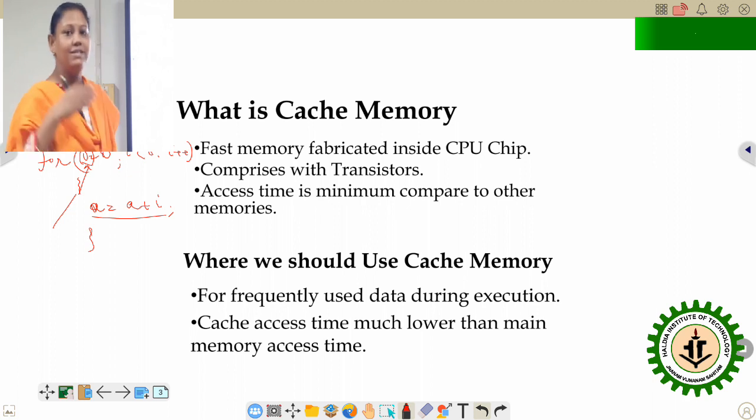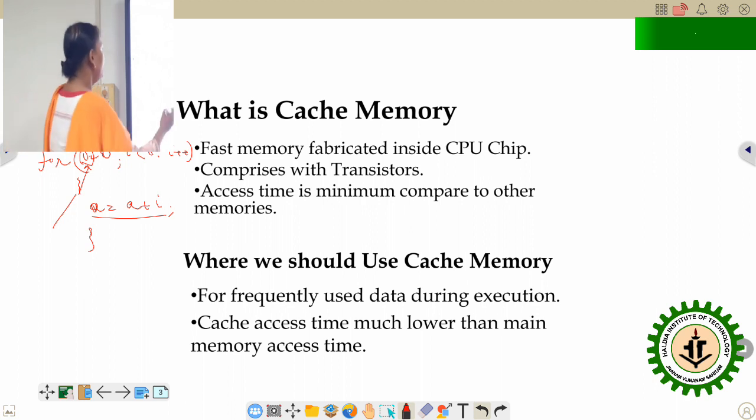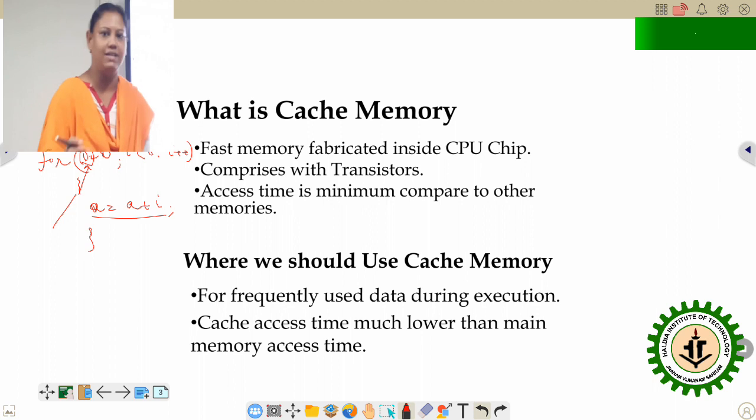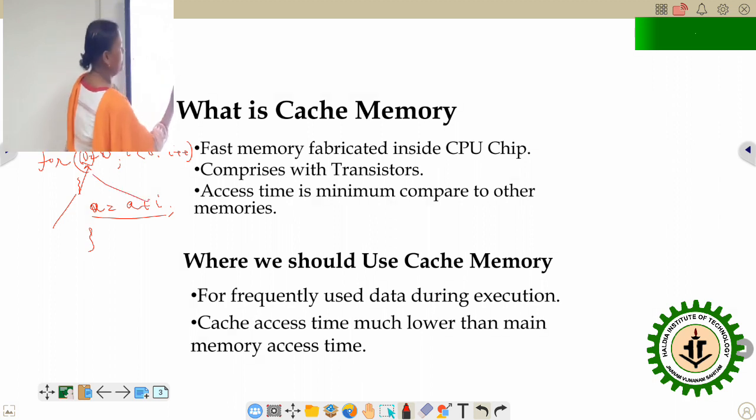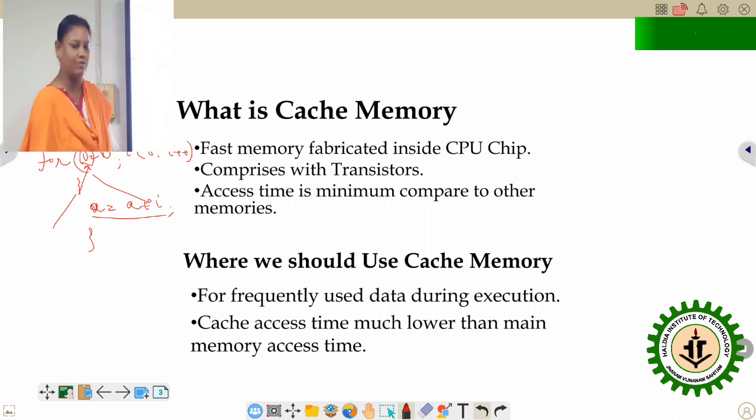So to increase the access speed and the throughput of our system, if we place this i variable in the cache memory, then we can easily access the data from the cache and the i value is calculated.